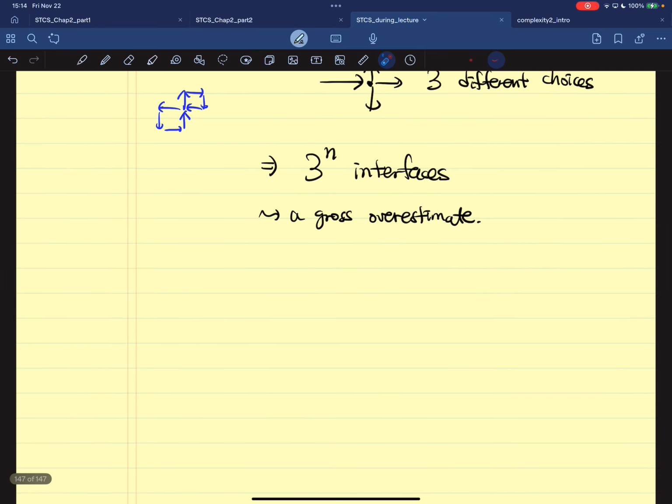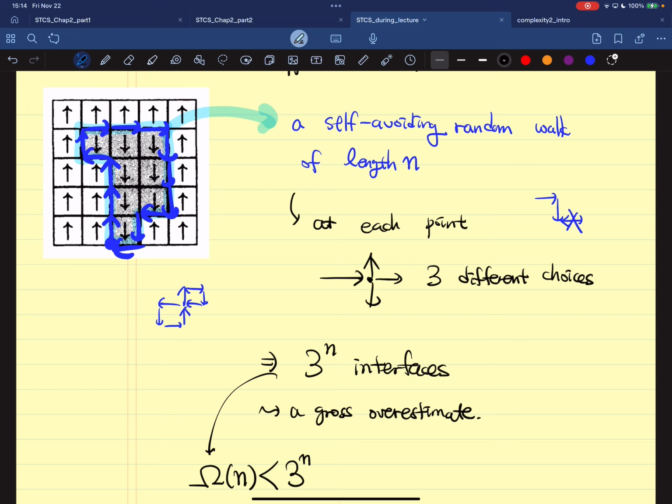So the number of such interfaces should be smaller than 3 to the power of n. But in fact, this only considers the length, right? So it has this one and this one and this one, even with the same length.